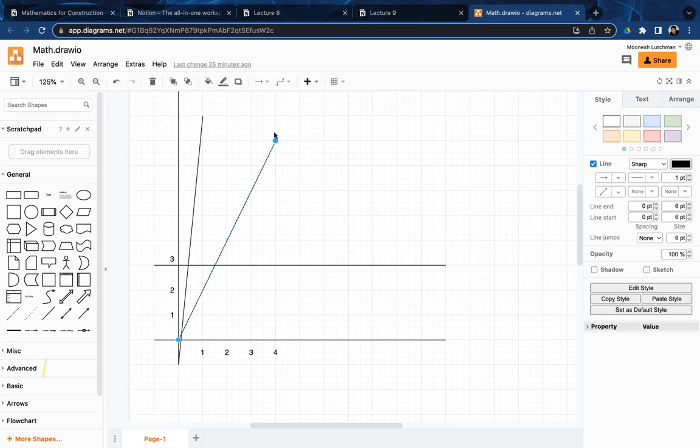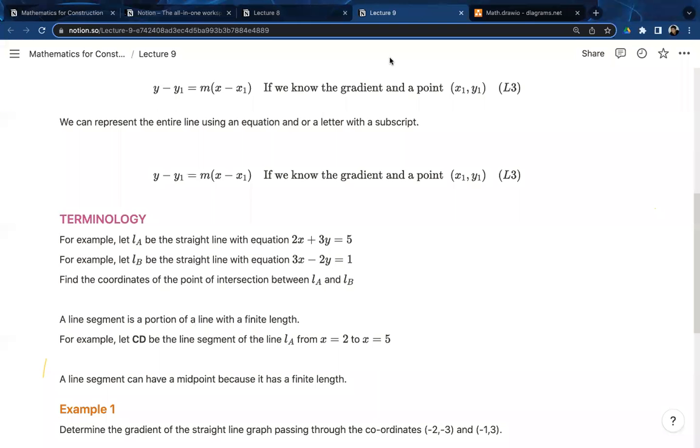The midpoint is halfway between the y and halfway between the x. So when x is 4, y is 8. So half of 8 is 4 and half of x is 2. So the point 2, this point here in the middle, is the point 2, 4. So 2, 4 is the midpoint of a line. So finding the midpoint of a line is actually not so bad, right?